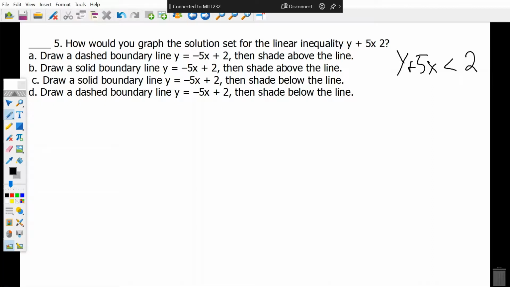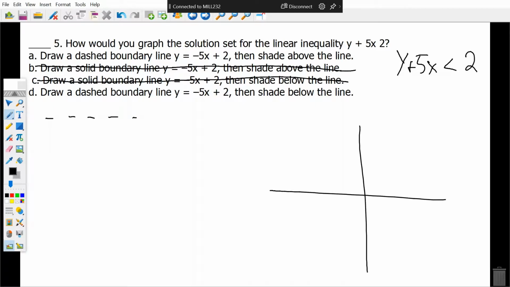So that means with less than, I'm going to have a dashed line, right? Because it's not equal to. So anything that says a solid line cannot be the answer. So right away, I know it has to be A or it has to be D. So now instead of a 1 in 4 shot of getting it right, I've got a 1 in 2 shot.